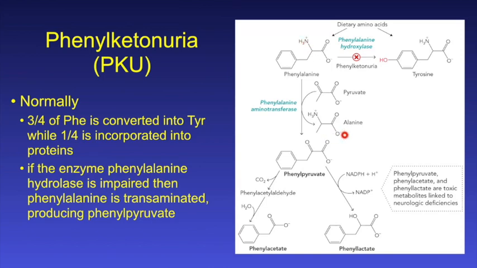It will give it to pyruvate to make alanine, and I get phenylpyruvate, of which the two breakdown products, phenylacetate and phenyllactate, are both neurotoxins, or they have neurological effects. All right.